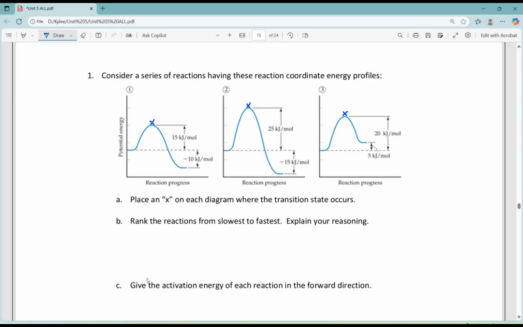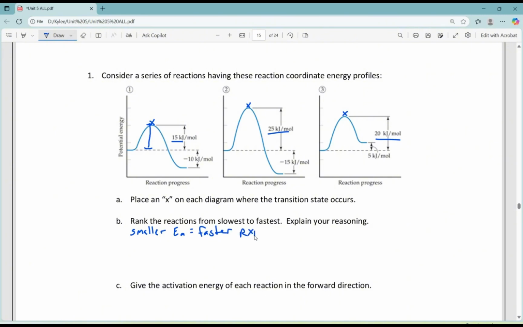So I'm going to be looking solely at my activation energies. So my activation energy is the energy from here up to the top, which in each diagram is actually labeled for us. So remember, the smaller activation energies means the reaction is going to potentially go fast.